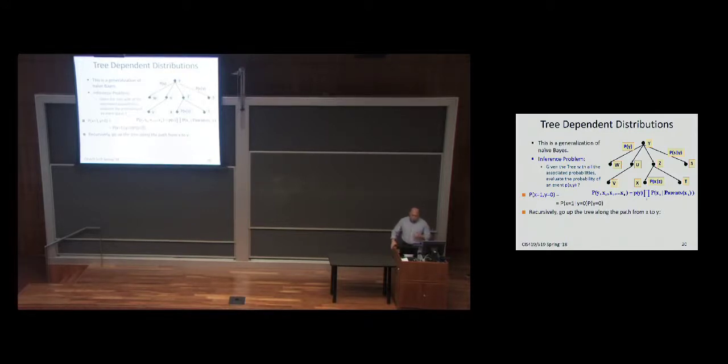So I'm going to climb up the tree from X all the way to Y. In this case, there's only one node in the middle, so it's going to be easy. I'm going to do it by marginalizing over Z. So P of X given Y, I can write as summing over Z, P of X given Y and Z times P of Z given Y.